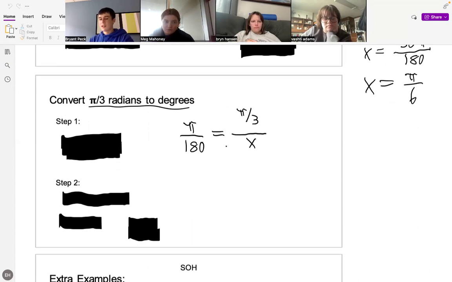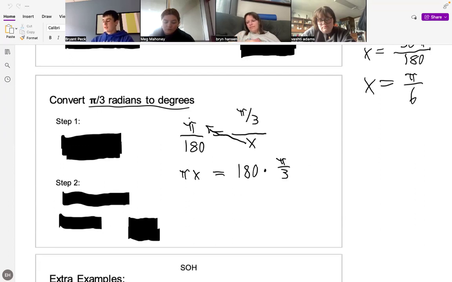And how will we evaluate this equation? Cross multiply? Cross multiply, that's correct. So we'll have, according to our cross multiplication, pi x equals 180 times pi over 3.